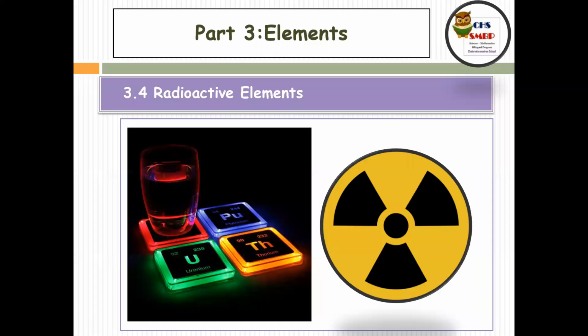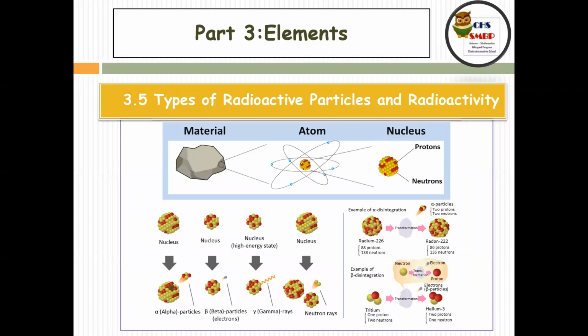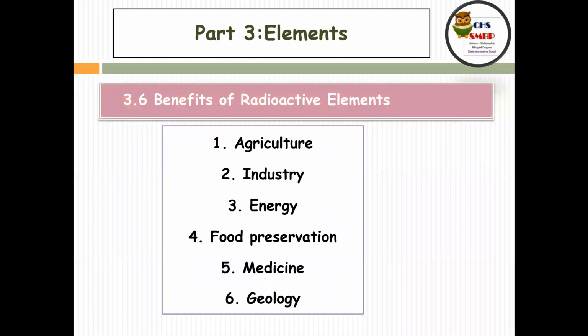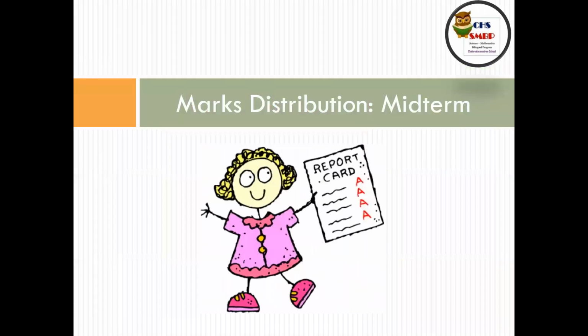And then you see some radioactive elements. Then you see types of radioactive particles and radioactivity, where we will learn about alpha particles, beta particles, and gamma rays. Then we will learn about the benefits of radioactive elements, such as their use in agriculture, industry, energy, food preservation, medicine, and geology.